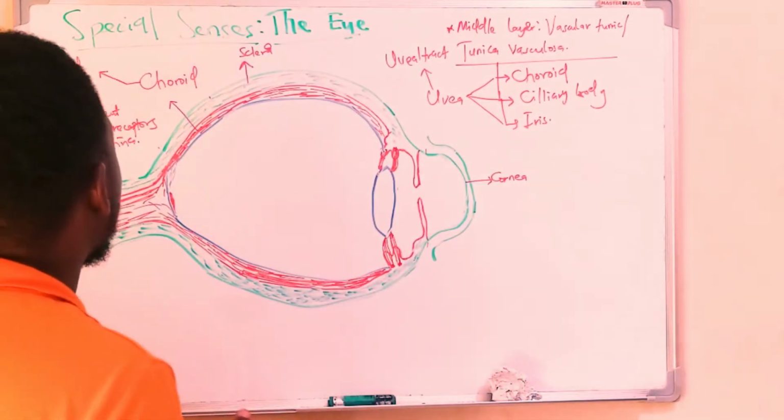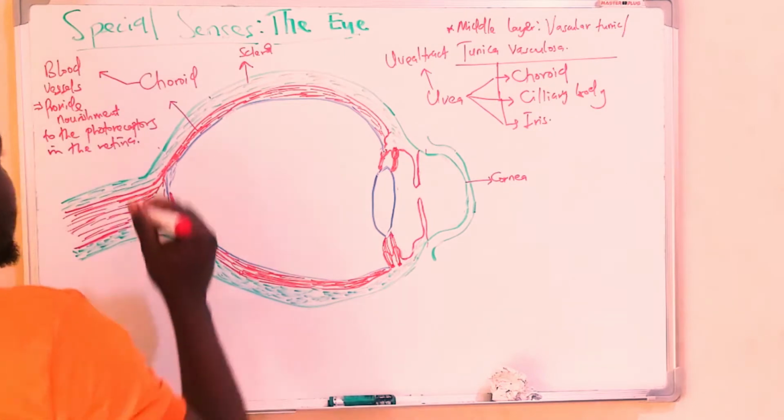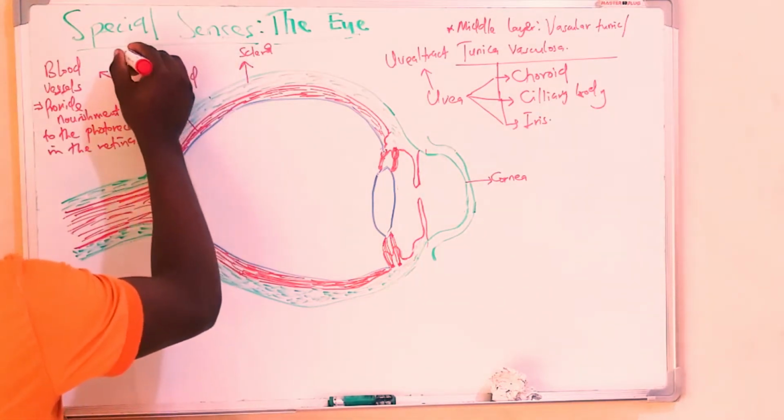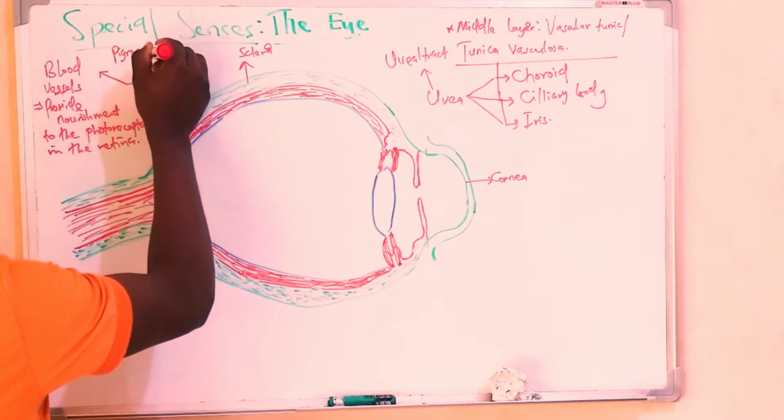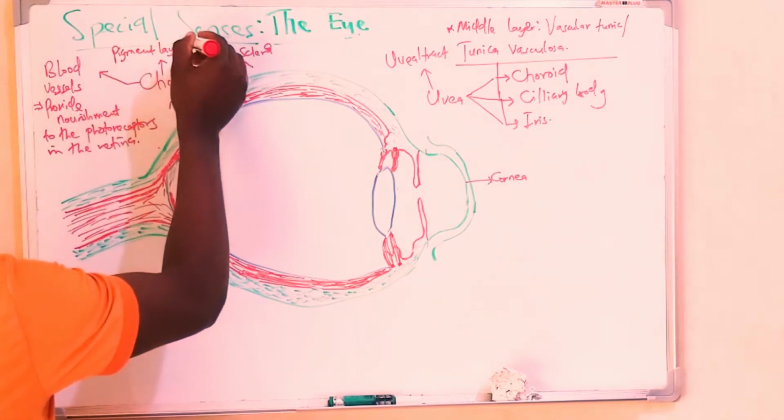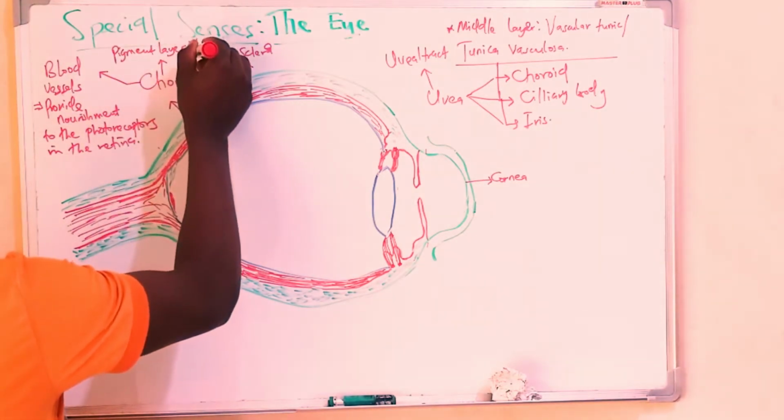Then they also have a pigmented layer, the pigment being melanin.